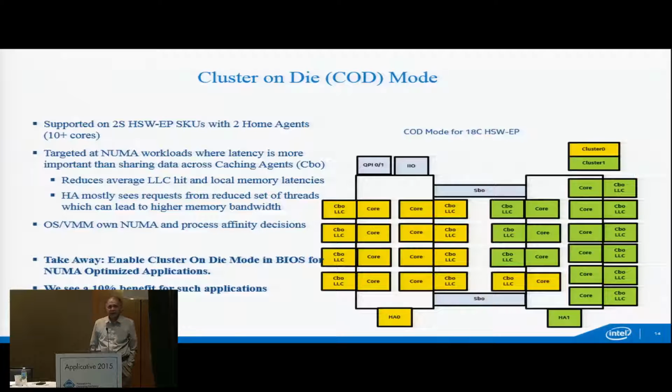We made one cluster out of it, and then we took the rest and made that a cluster. Each one gets its own home agent and a memory controller. And since this one has a 45 meg cache, we actually divide the cache to both these partitions.